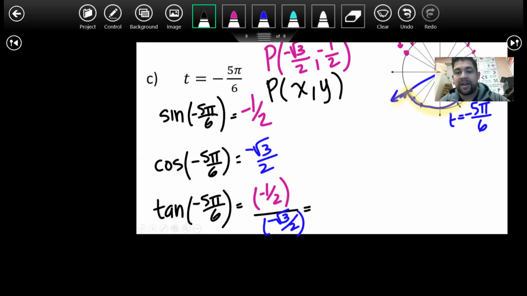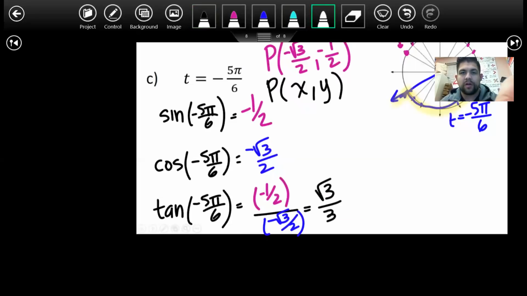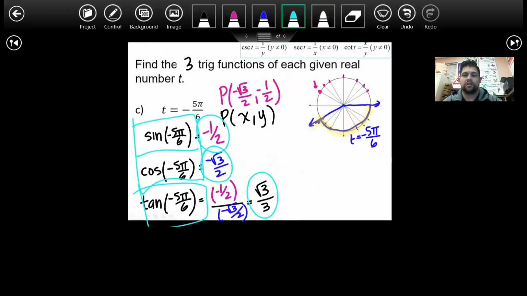If you simplify this down, you're going to get radical 3 over 3. These are our solutions for each one of our types of functions here. So we're really looking for our solutions for the function values.